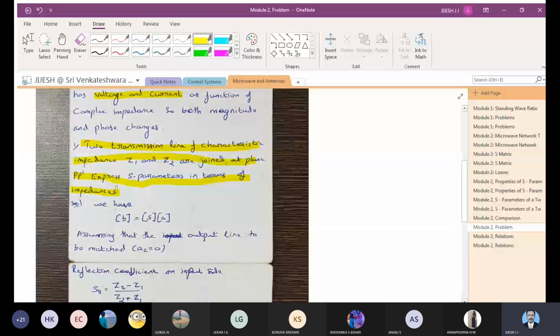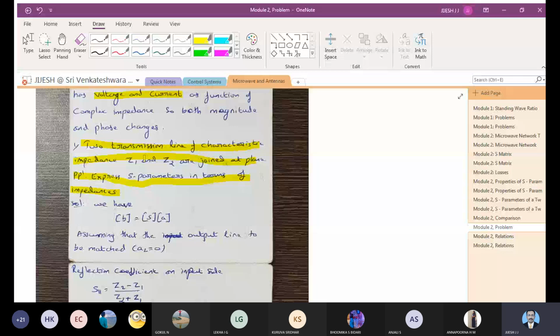You can understand that it has two ports, so you will have a 2 cross 2 matrix. Since the S parameters obey the reciprocity property, where Sij is equal to Sji, it becomes easy for you to find these and simplify further.